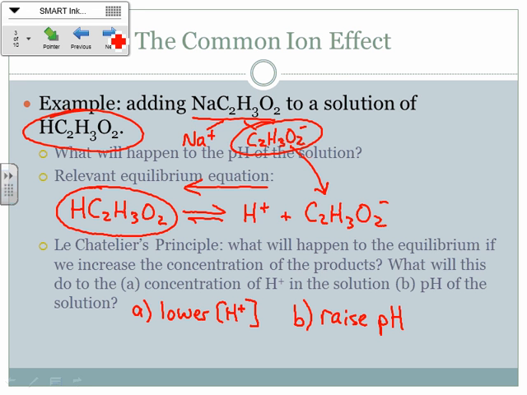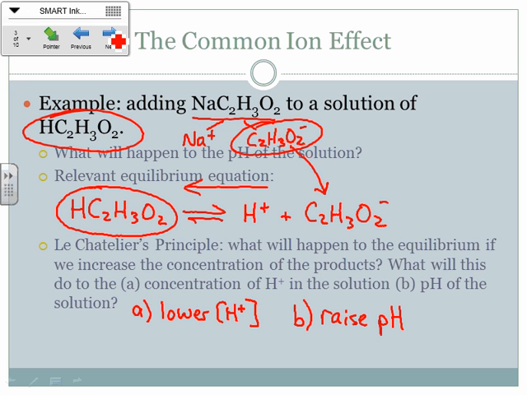Now there's another way you can think about that. The NaC2H3O2, because the sodium doesn't react, and the anion here, the acetate, acts like a base, typically in solution. Obviously, if you add a base to the solution, you would expect the pH to go up. So that's another way to also think about it.